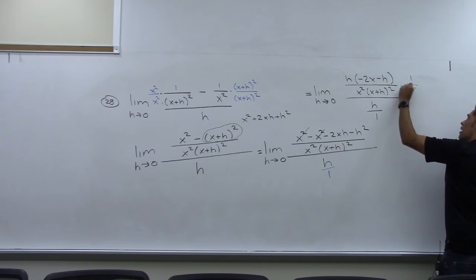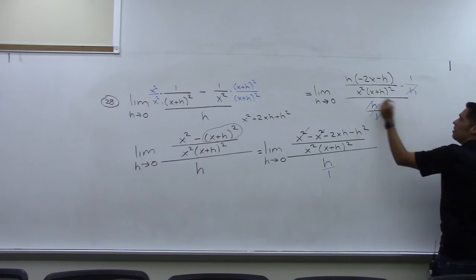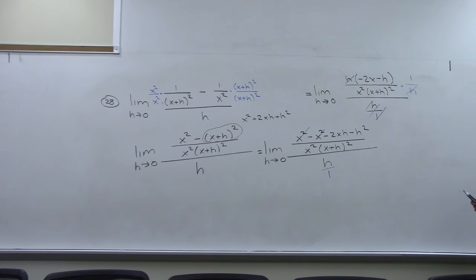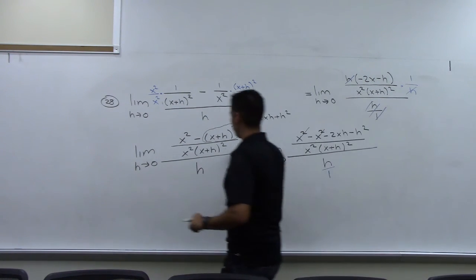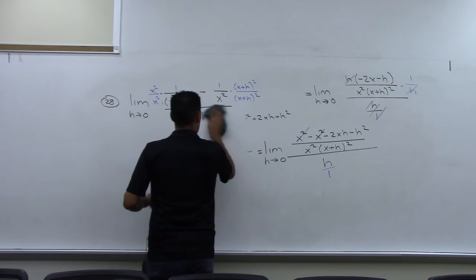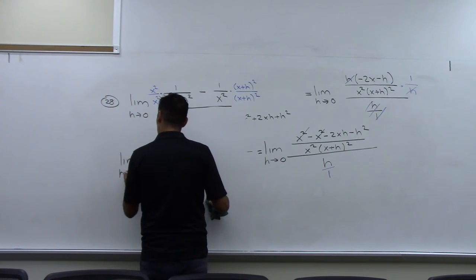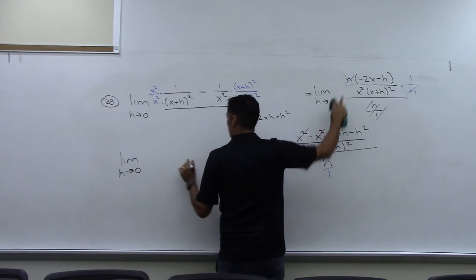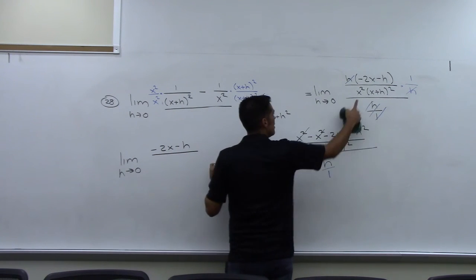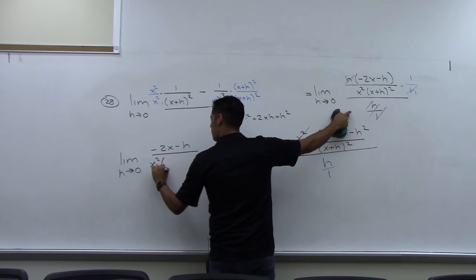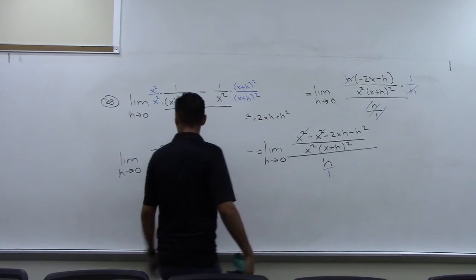This becomes 1 over h here. This is gone. And notice that this h and this h are gone. So what you're left with is the limit, as h goes to 0, of, the only thing left on top, negative 2x minus h over this thing, x squared (x plus h) squared, and that's it, everything else is gone.